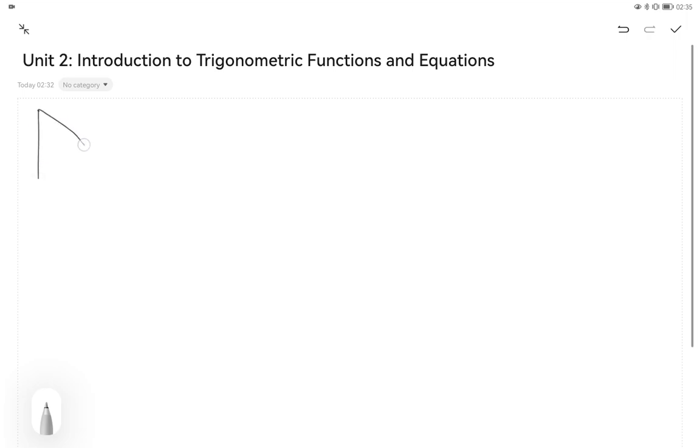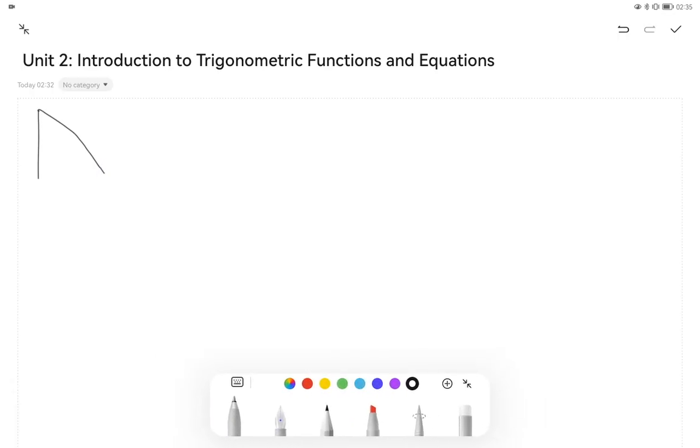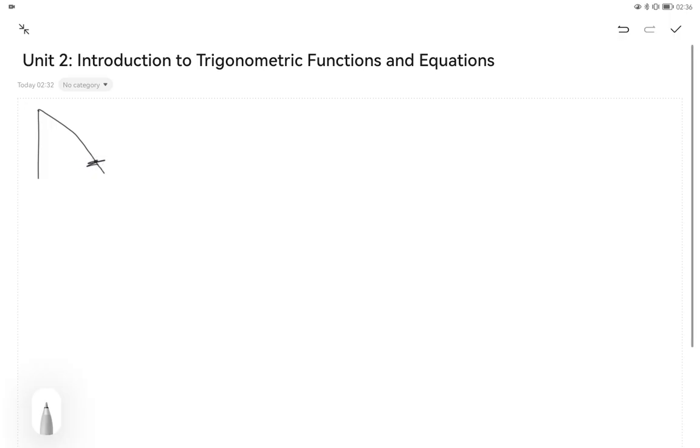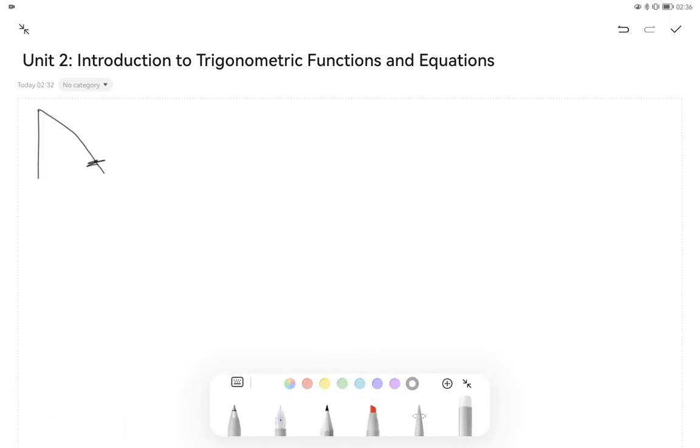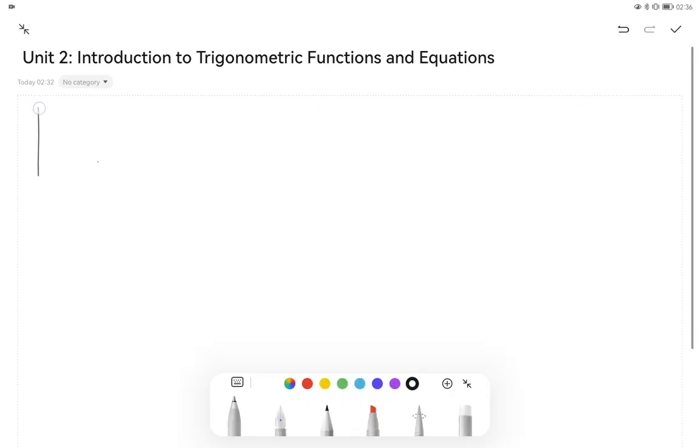Have a triangle like this. Right angle triangle. So in this triangle, there's an angle there. Let's just call that angle theta.